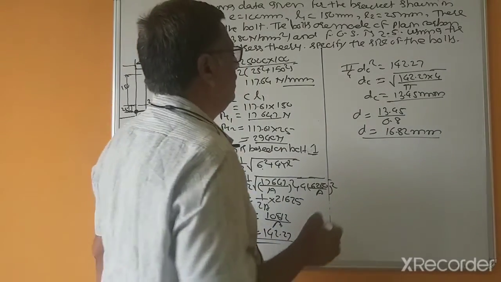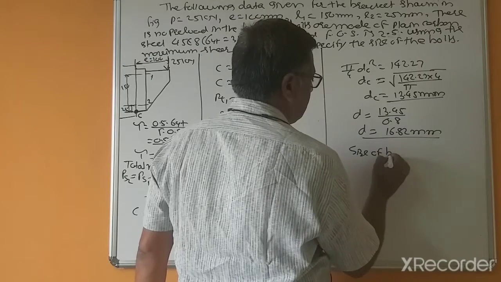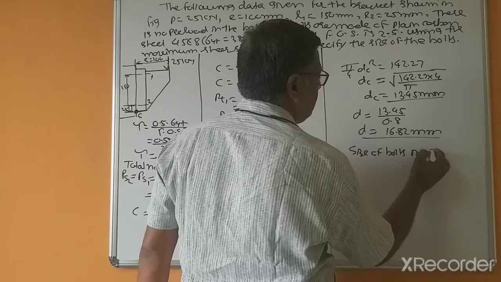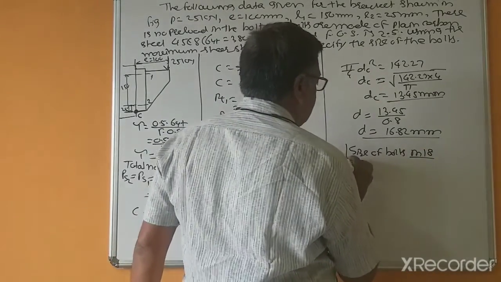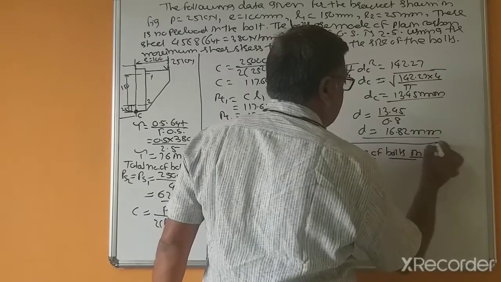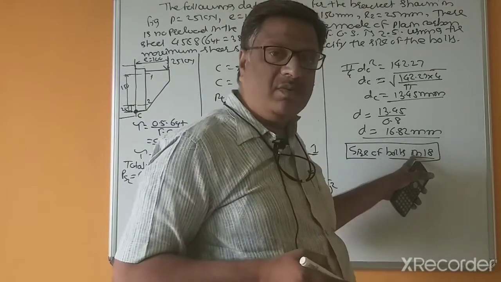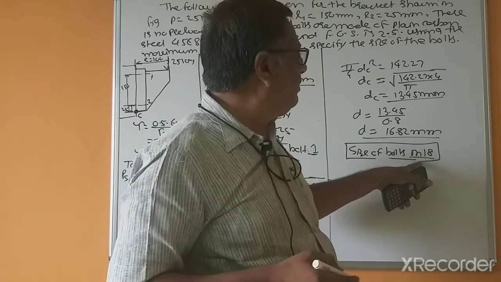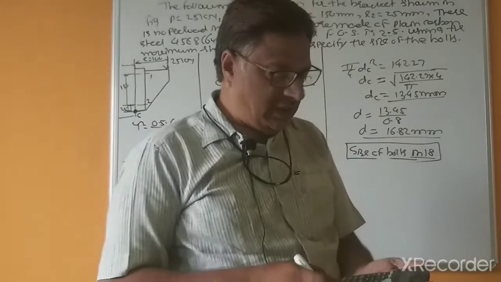So you can mention size of the bolts equal to, you can select M18 because this is 16.8, and we can increase as per considerations above the factor of safety. This M indicates metric size of the bolt, and this is 18 mm of the bolt, you can select.